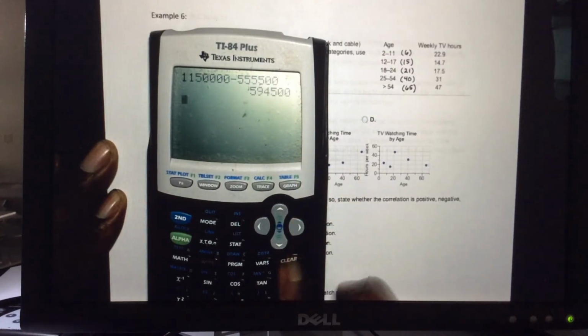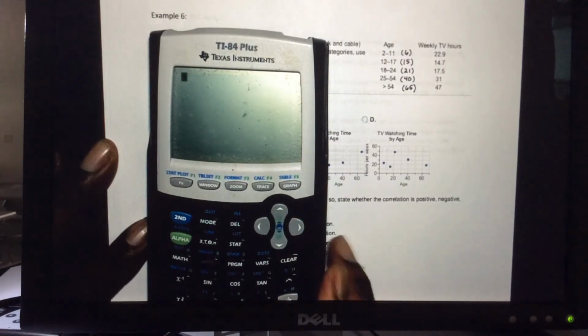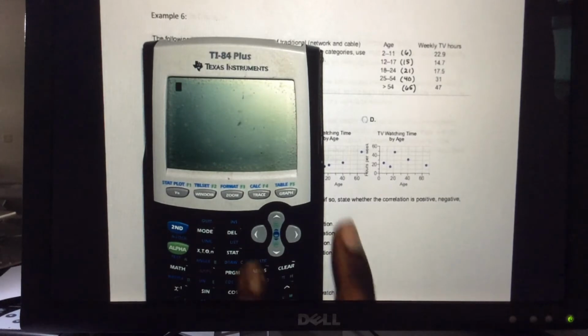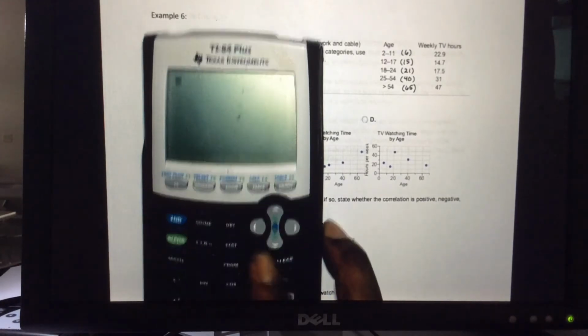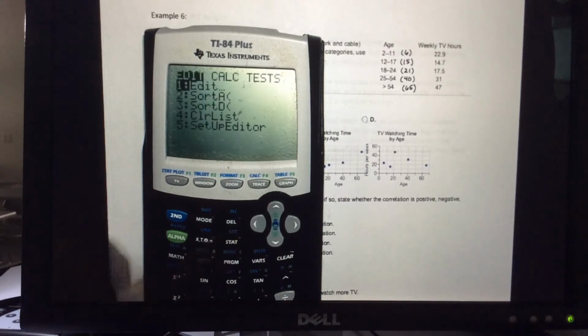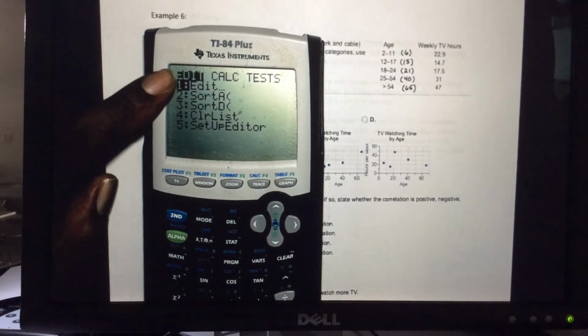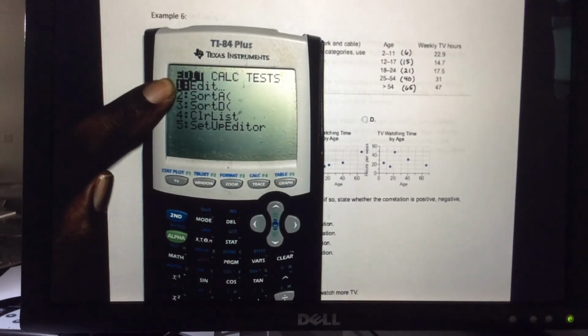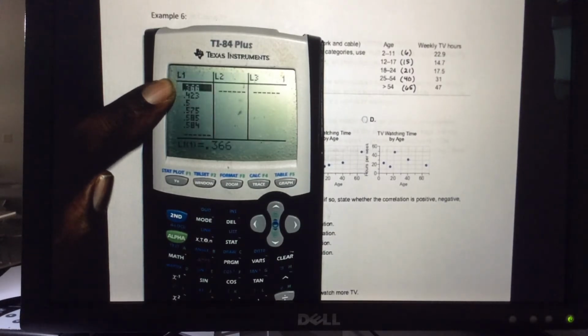Okay, so if I clear this out. Now the way we're going to do that is, on the calculator there is a button that says STAT. You're going to press that. We're putting in brand new data values here. So under the edit menu, we're going to select number 1 for edit.